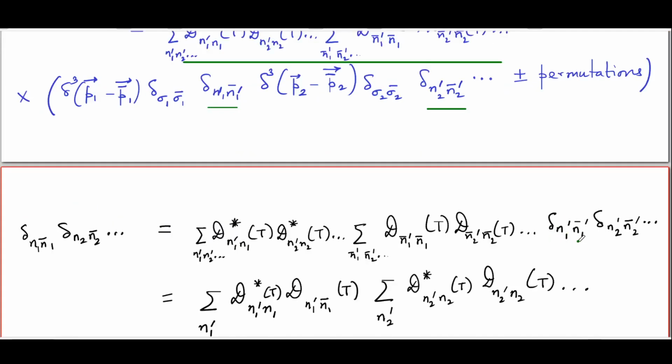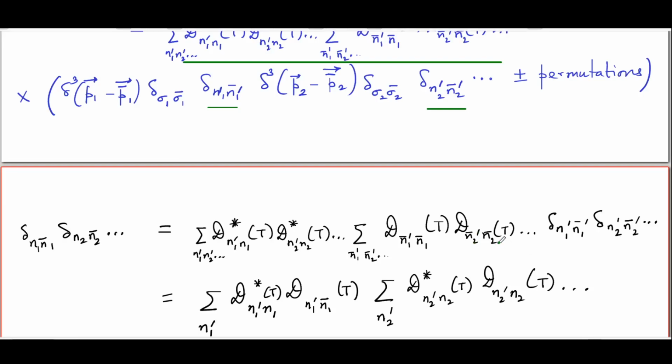Now we use these delta symbols on the right hand side to simplify this expression considerably. You have sums over n1 prime, n2 prime and so on, and also over n1 bar prime, n2 bar prime. These were the labels for the second state, or at least the transformed versions for the second state. Now, because of the presence of these delta symbols, we can trivially sum up over n1 bar prime, n2 bar prime and so on. And of course, what that is going to do is replace all these n1 bar primes by n1 prime, n2 bar primes by n2 prime and so on.